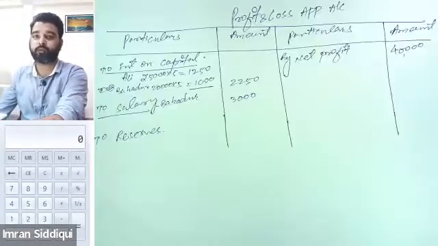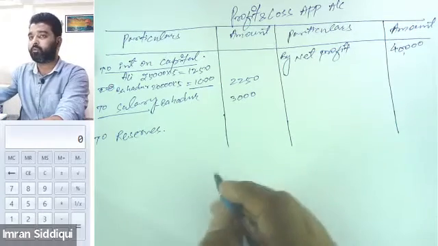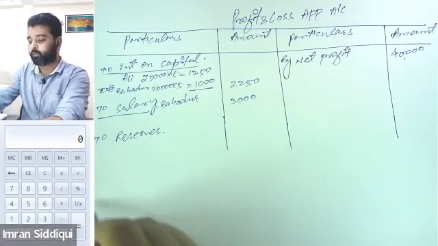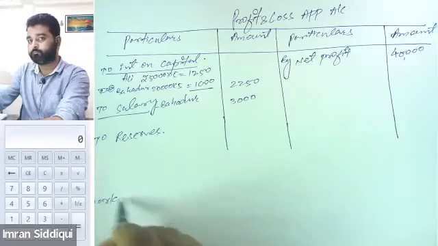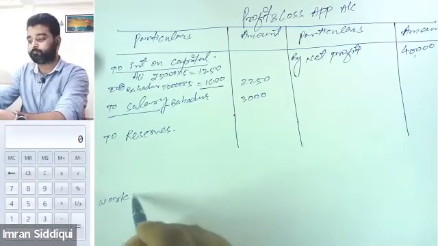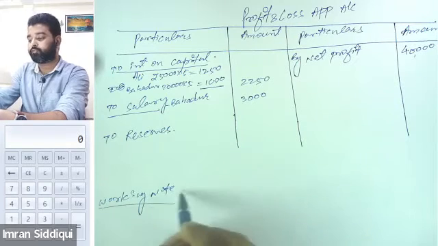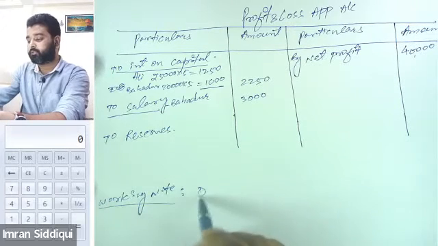So coming back to the solution, now let's calculate the divisible profit. I'm preparing a working note to find out the divisible profit of the partners.